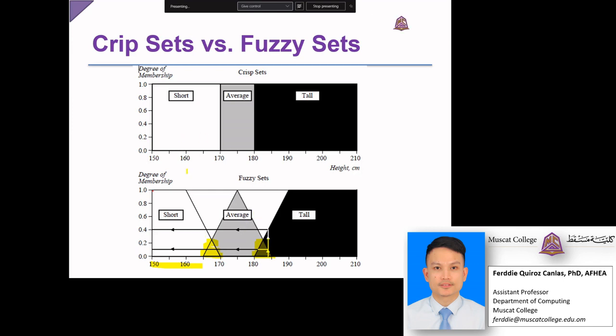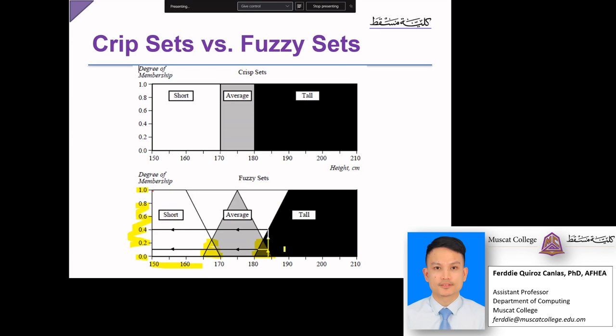So in this representation, we can now convert this value into either 0 or 1, or any value in between 0 and 1.